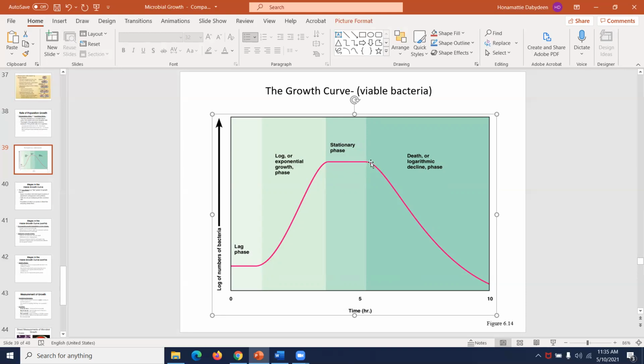But eventually, a lot of the organisms will just die off because of no food, no space, and just an accumulation of waste. And they will probably all, not all, but most of them will just die, except if they have the ability to form spores and things like that. All right. So that's the growth curve.